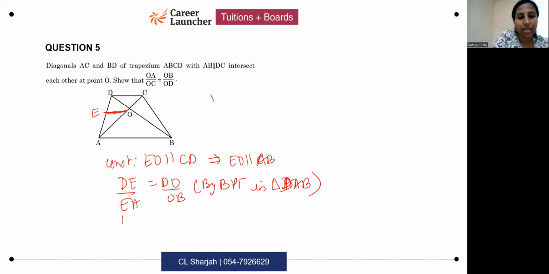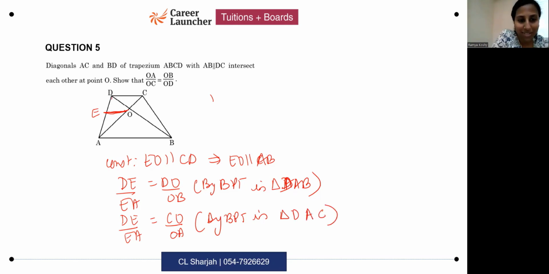Now how do you prove? You will say DE by EA equals DO by OB by BPT in triangle DAB. You will also say DE by EA is equal to CO by OA by BPT in triangle DAC.